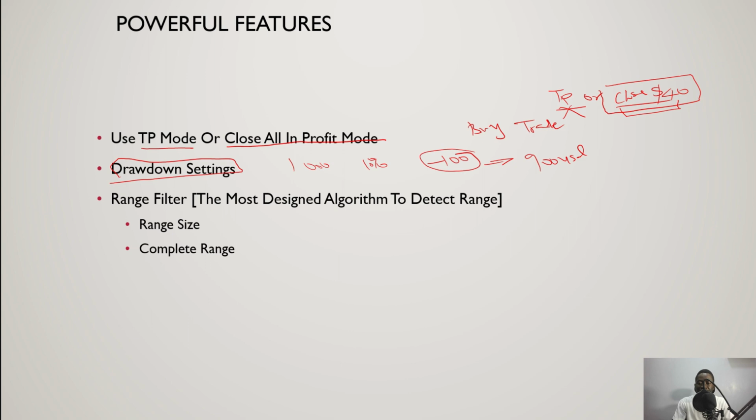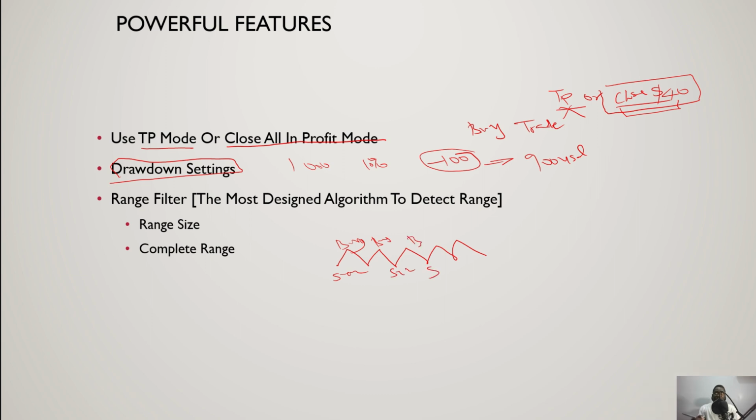Let's assume the market is moving zigzag 1, 2, 3, 4, 5, 6, 7, 8, and you're entering your buy, your sell, your buy, your sell, your buy again, your sell again. It's going to affect your capital in many ways, because sometimes when you don't have a lot of capital, you're going to definitely crash your capital.